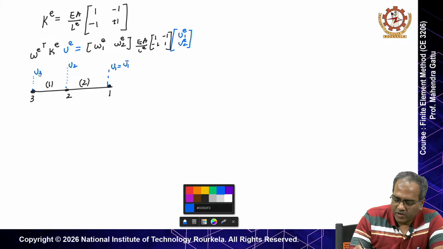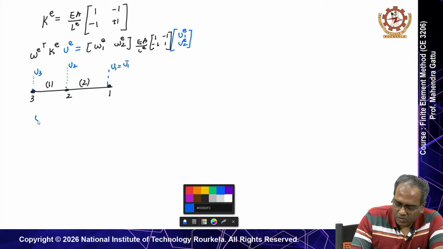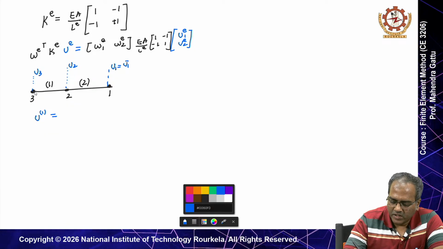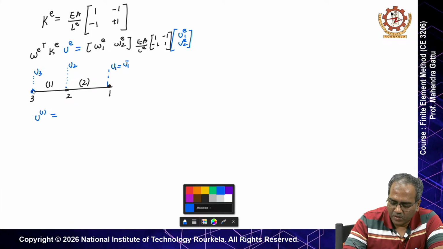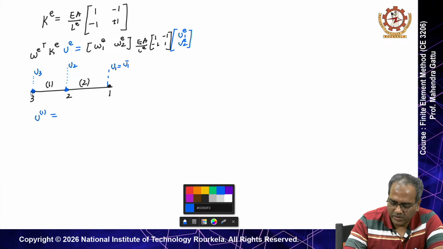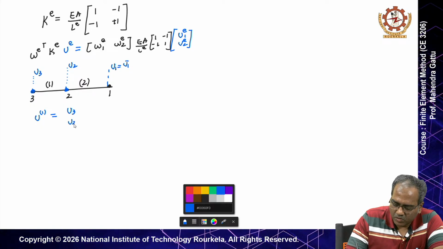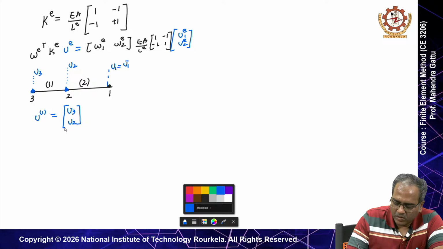So, what is Ue for element 1? It will be the displacements at this node and this node, so in terms of global nodes it will be U3, U2.